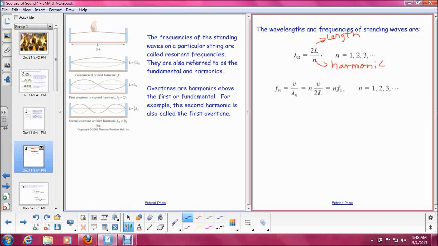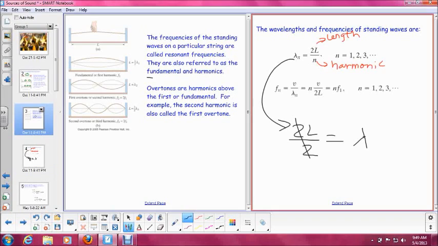If we look at the wavelength for the second harmonic, it would be 2L over 2. So these cancel. So the wavelength ends up just being the length of the string. And that totally makes sense, because when you look at the second harmonic, that is one full wavelength, a full up and down.